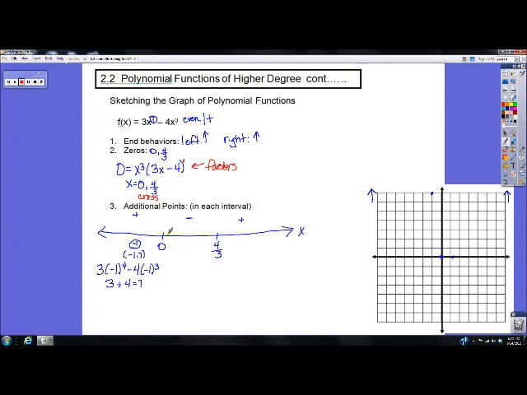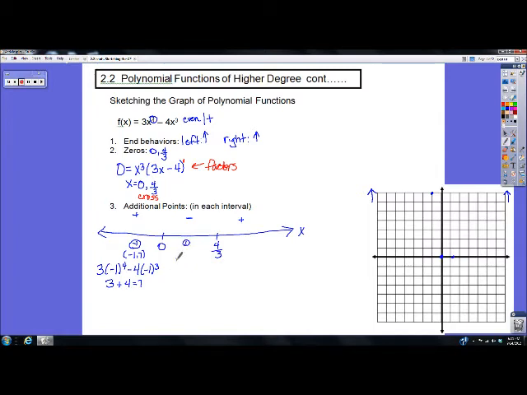Alright, let's find a point in this interval right in here. That means in this little space. Pick a number between 0 and 4/3. I'll take a wild guess that most of you would probably pick the number 1 for x. There's nothing wrong with that.